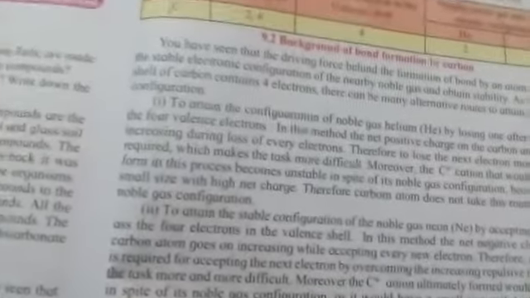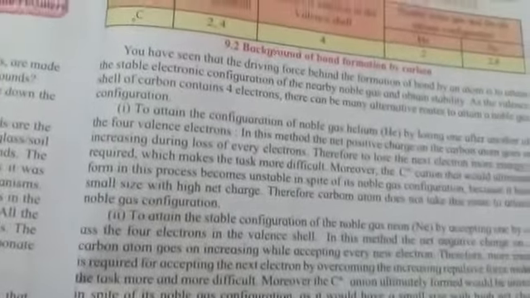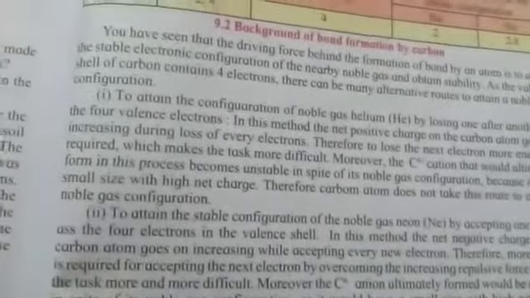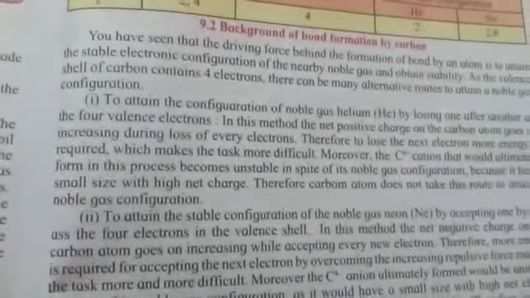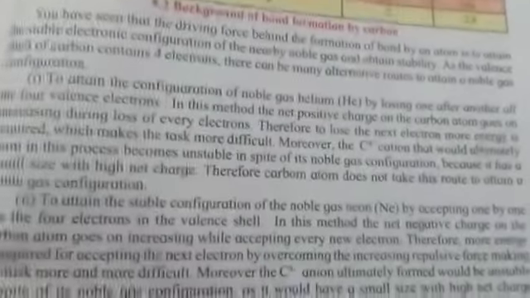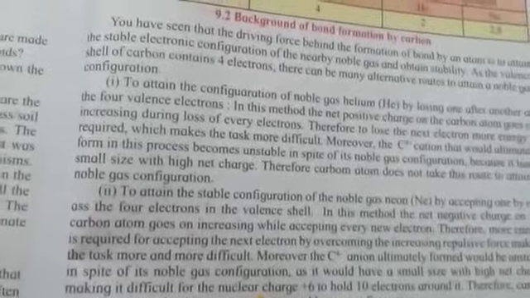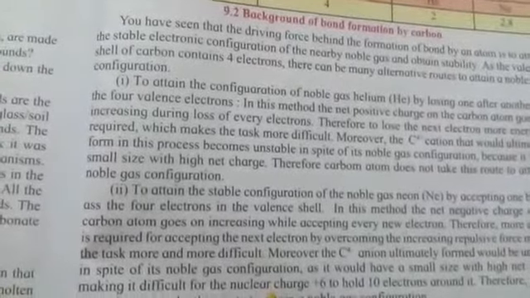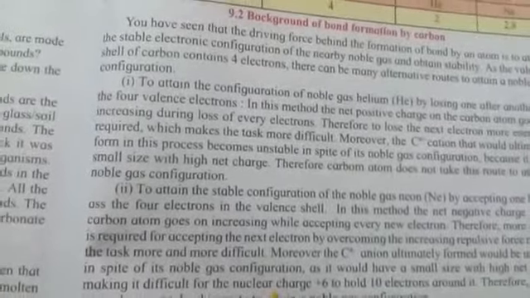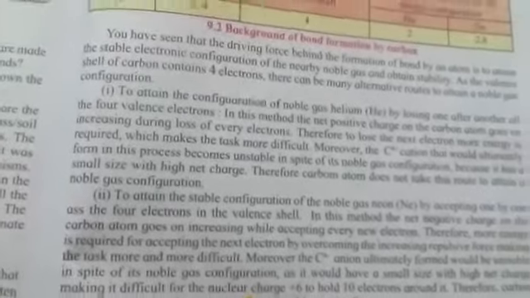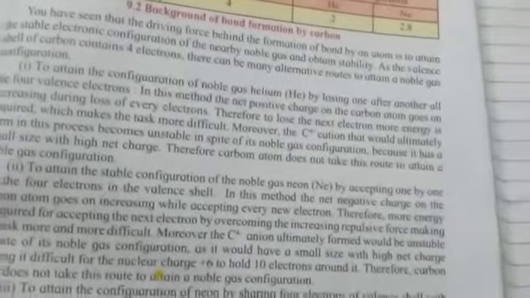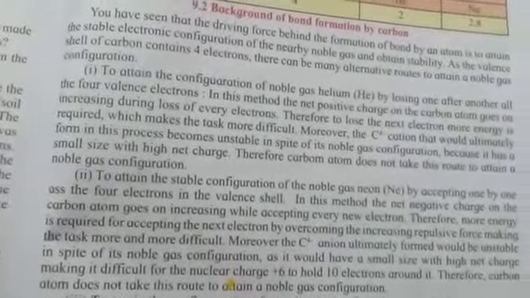So in the first case, let's say carbon attains the configuration of noble gas helium by losing, one after another, all the 4 valence electrons. In this method, the net positive charge on the carbon atom goes on increasing. Naturally, if an atom is losing its negatively charged electrons, the positive charge on that atom is going to increase, and therefore to lose the next electron more energy is required, which makes the task more difficult.